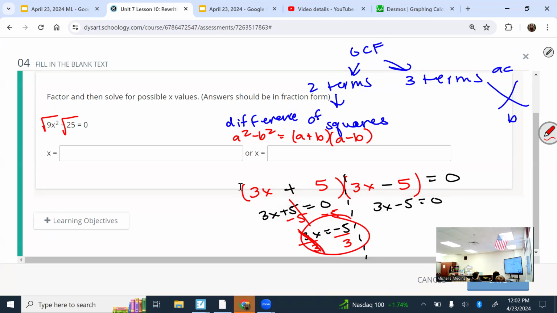So one of my answers is this. My other answer I get from working this one out with the opposite of -5. I get 3x equals 5. Opposite of multiplying by 3, do that on both sides. So that's my other answer.